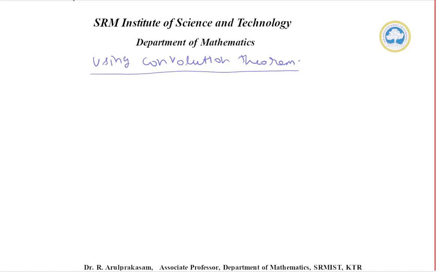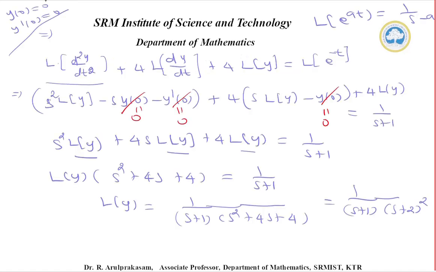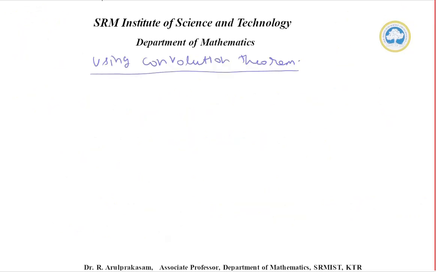So what happened here? This is our L of y. What is next? Take the inverse Laplace transform, take L inverse on both sides. So y of t equals L inverse of f of s.